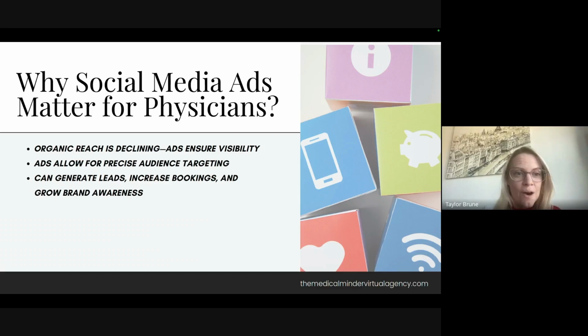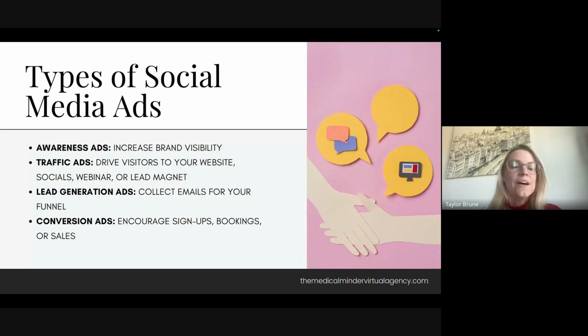So ads allow for more precise audience targeting, which helps bring in your ideal audience that will follow you. It can also generate your leads, which can increase your bookings and grow your brand awareness as well. There are a few different types of social media ads for Meta, and I think two or three more on TikTok, but specifically for Meta today, awareness ads.